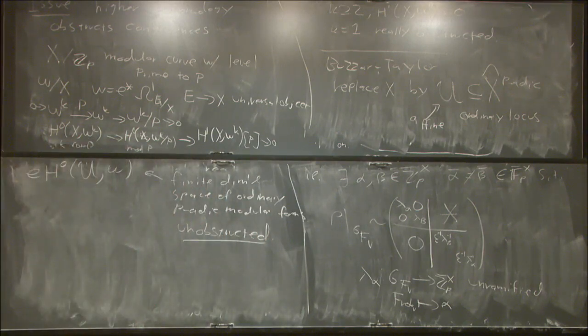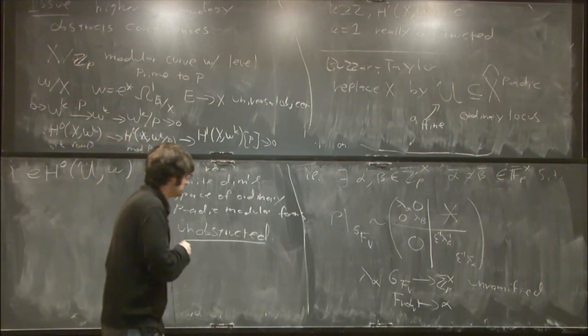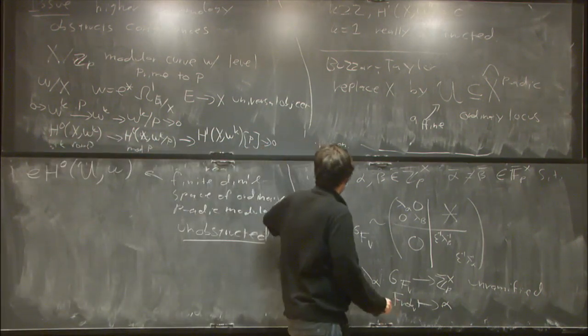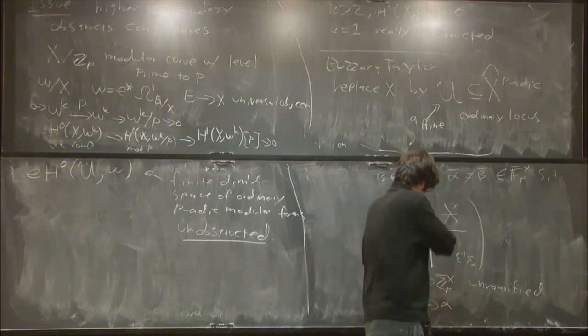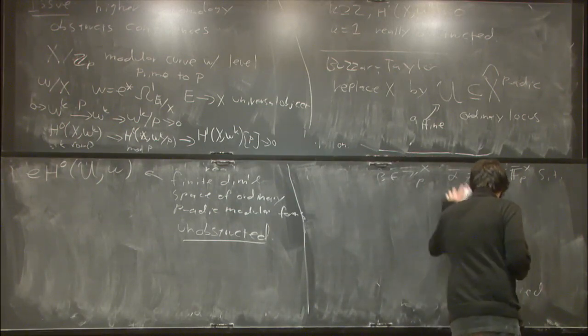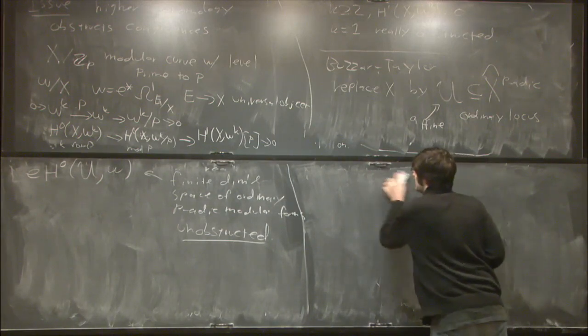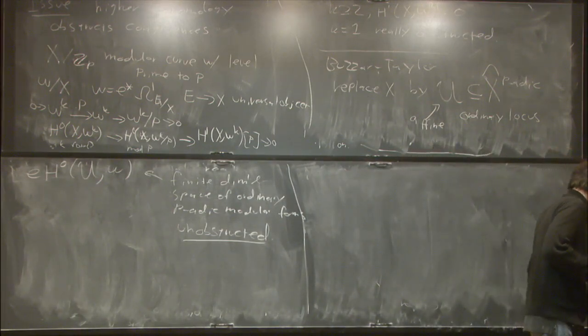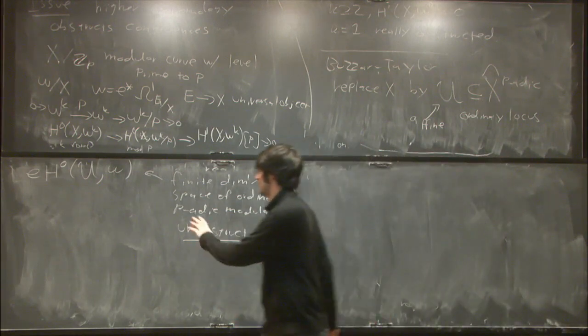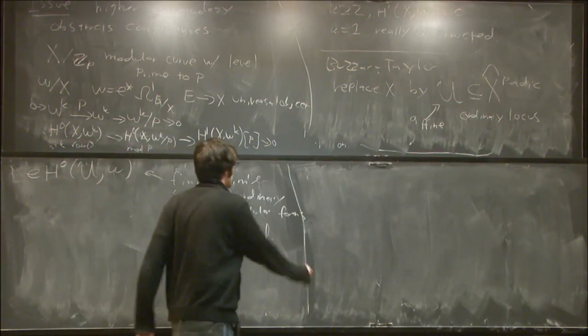Because there's no H1. To be honest, I don't think the reason people originally considered p-adic modular forms was to make weight 1 forms unobstructed, but it's a perfectly good reason to do it. OK? So now you can prove a modularity lifting theorem.